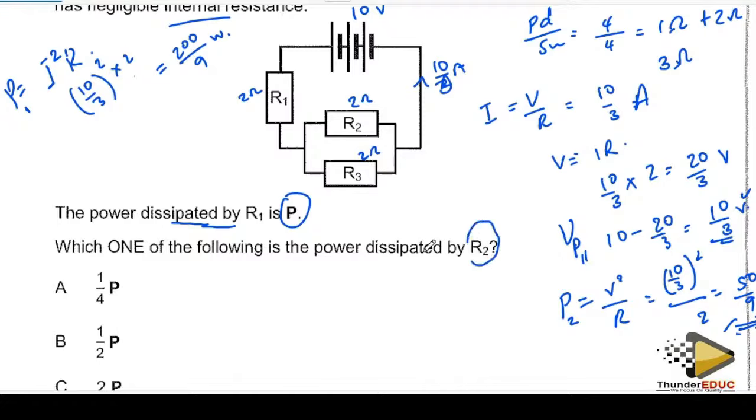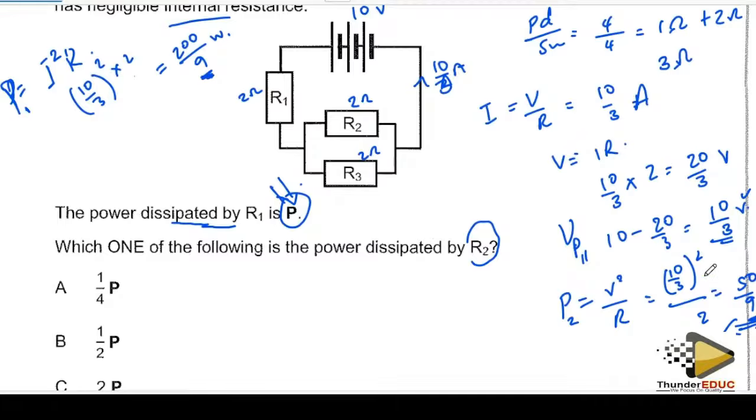Okay, so the question is, remember, R1 is the same as P. So how does this relate with this? How does this 200 over that relate with that?